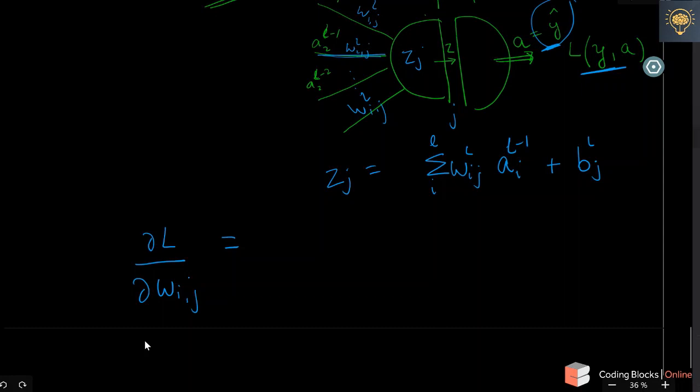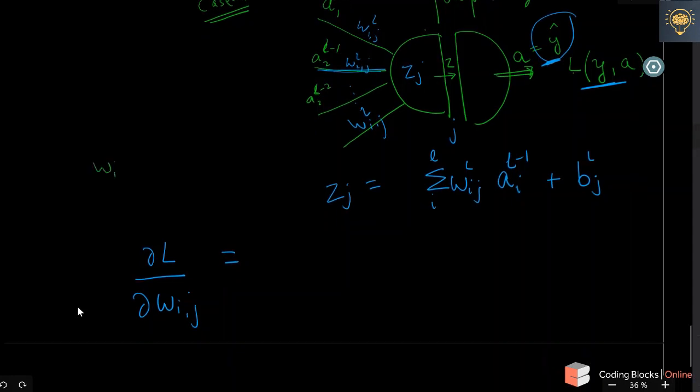So we can say the loss depends upon A, A depends upon Z, and Z depends upon W. So W_{ij} is going to affect the value of Z_j, and this is going to affect your A_j, and this is going to affect your L(A, Y).